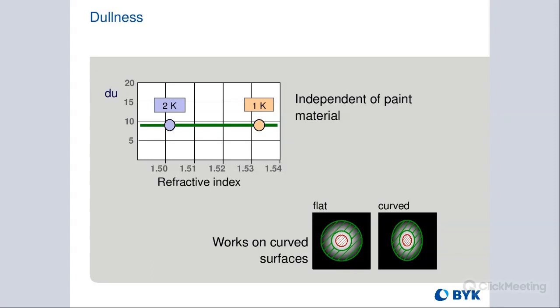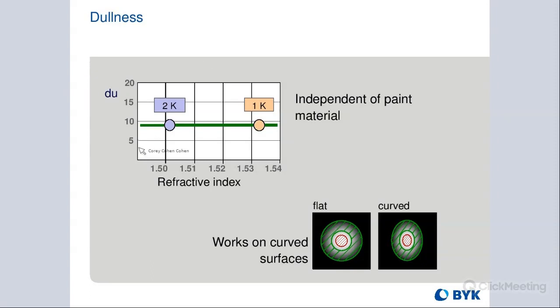Some of the advantages are that it is independent of the material that you're measuring, which is not true for gloss measurements. Gloss measurements depend on the refractive index of the material, such that you can have two materials that look like they have the same gloss, but if they have different refractive indices, a gloss meter will give you different answers despite the fact that they look the same.